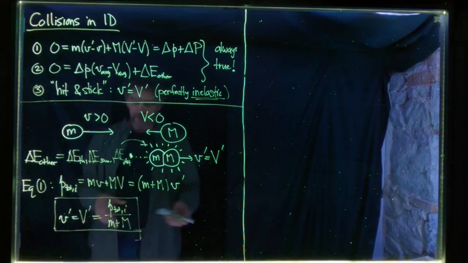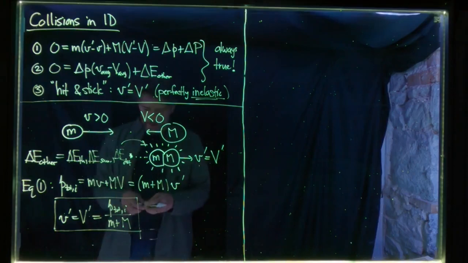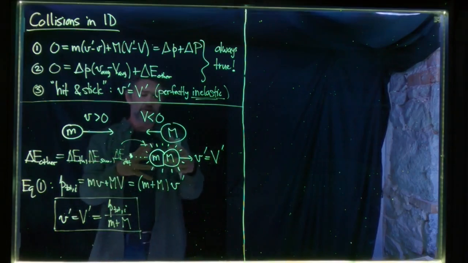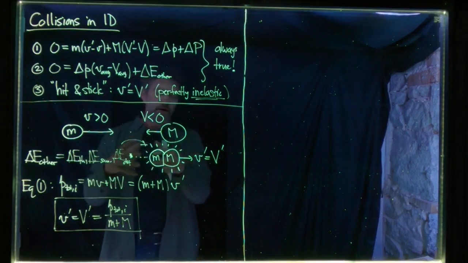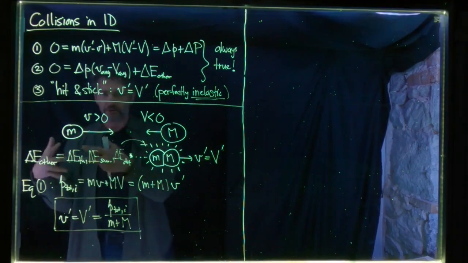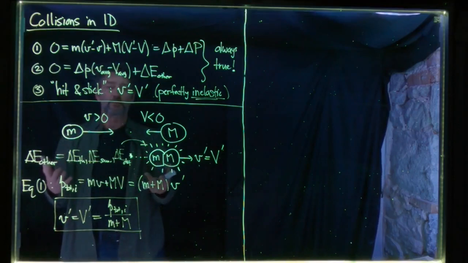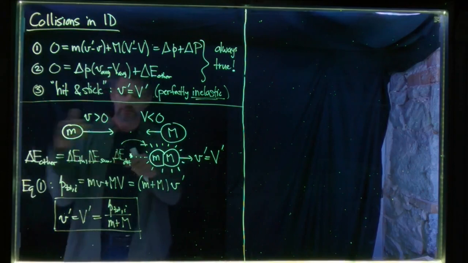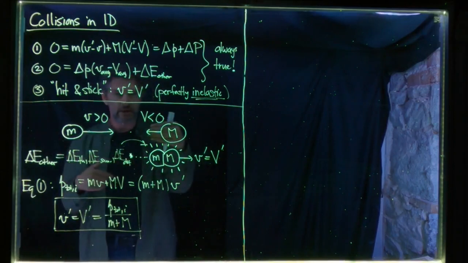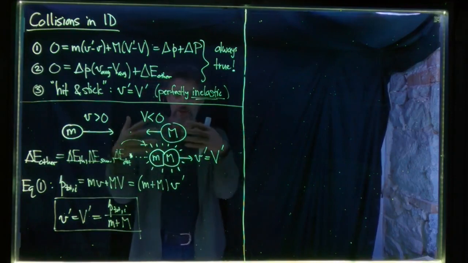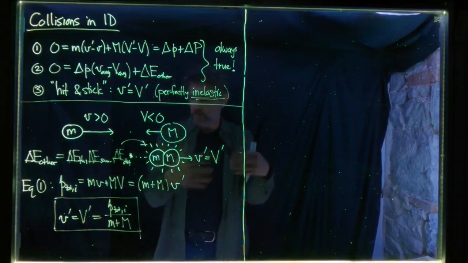Okay, so now this result here, P total initial, so this final velocity of this stuck together blob of masses can be to the right, so the total momentum to the right, or it can be to the left, total momentum to the left. That just depends upon what the total momentum in the system was to begin with. So if this object had more momentum to the right than this object, say, had to the left, then the total momentum in the system was to the right, and so little v and big V prime are to the right.